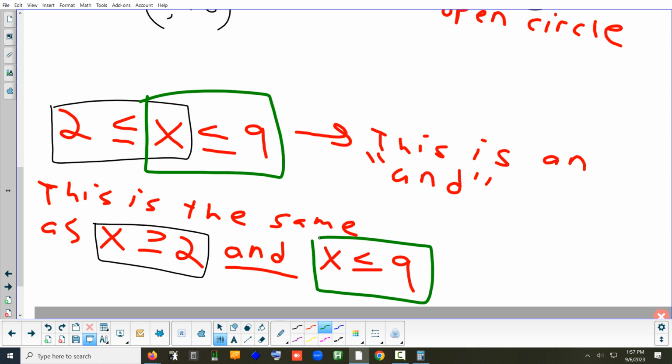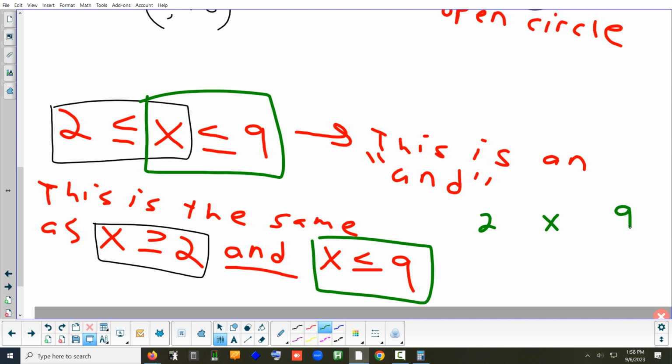Now, let's say you had to take something like this, x is greater than or equal to 2, and less than or equal to 9, and I ask you to put it together, to combine it like this so it's shorter. The way you do it, start with the x in the middle, put the small number on the left, put the big number on the right, and everything always points to the smaller number. How do you know if it should have the equal to under it?